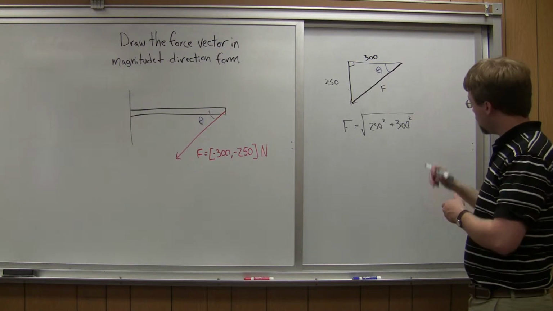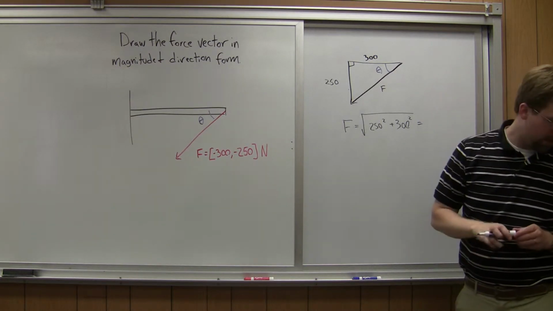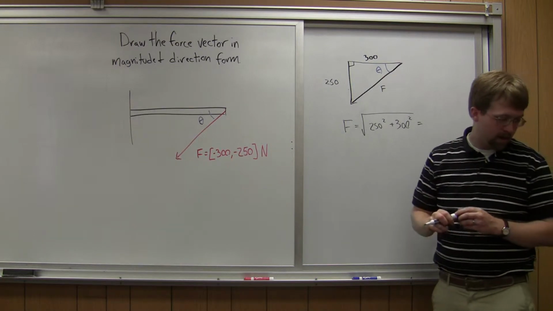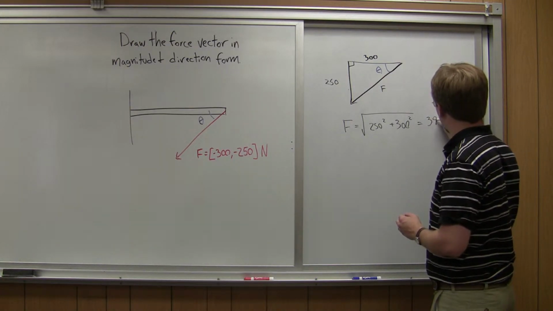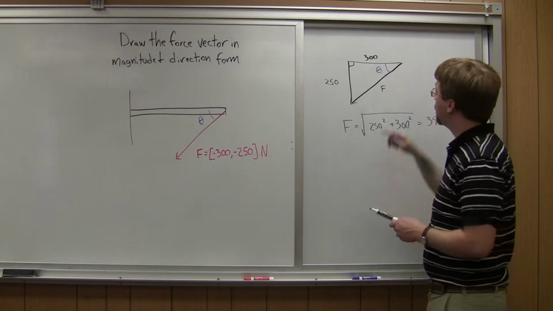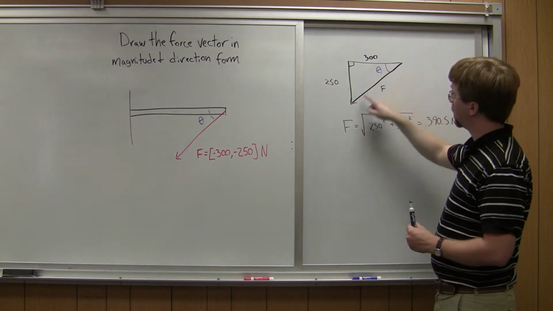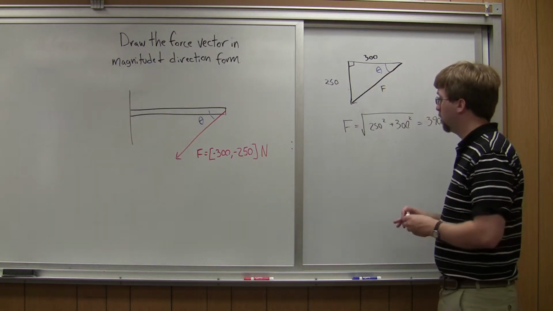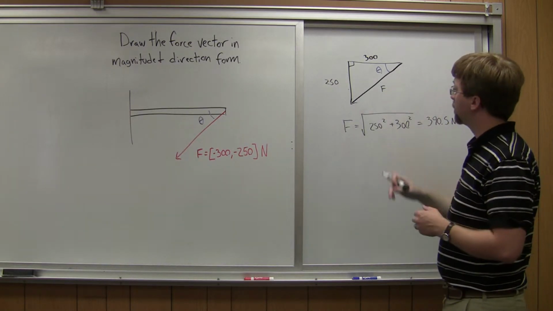If I solve that out, I should end up with a value of approximately 390.5 newtons. So that's the magnitude of my overall force, and that's going to be the length of the hypotenuse in my triangle. Next thing I need to do is to figure out my angle theta.